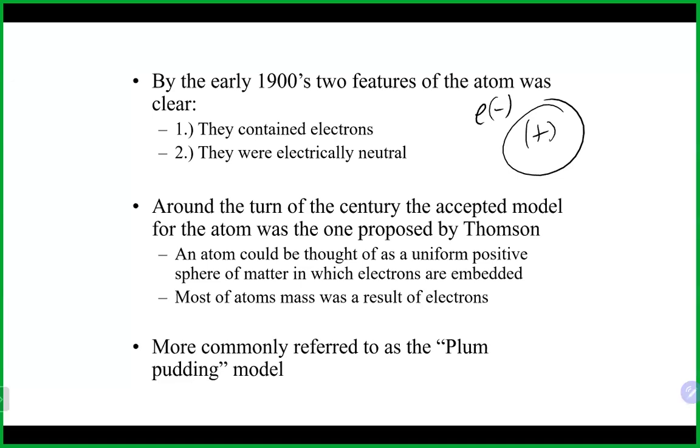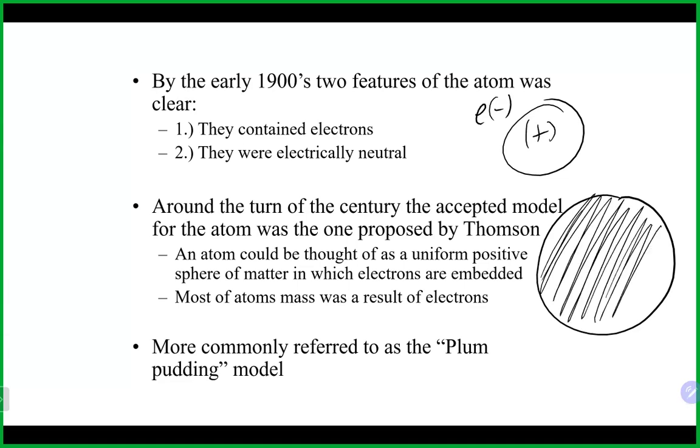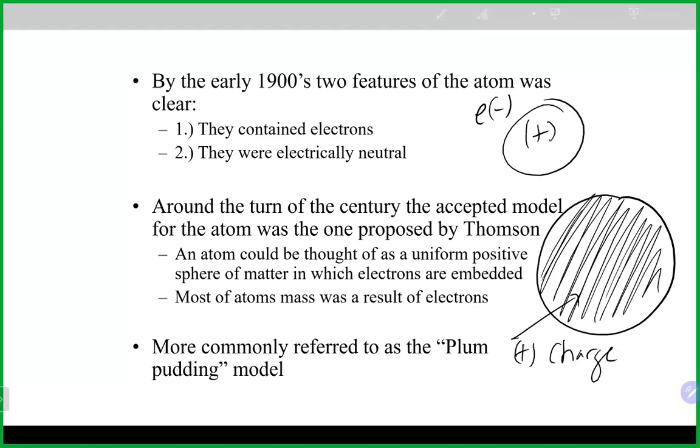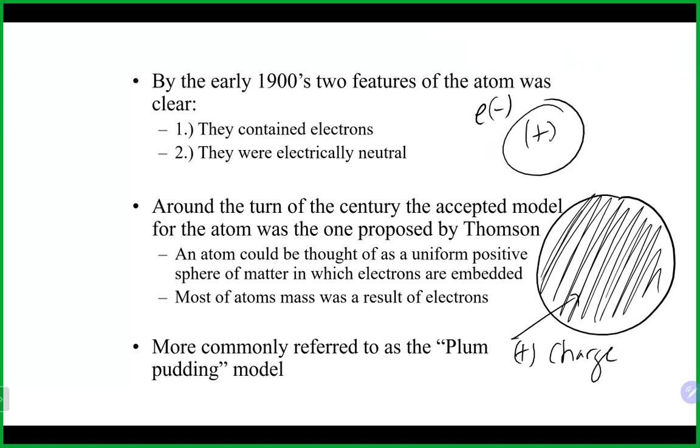So around the turn of the last century, the accepted model of the atom was one that was proposed by Thomson. Basically he said that the atom was a sphere of positive charge. So in this atom, we have this big old sphere of positive charge, and inside the sphere of positive charge, he felt that the electrons were embedded.